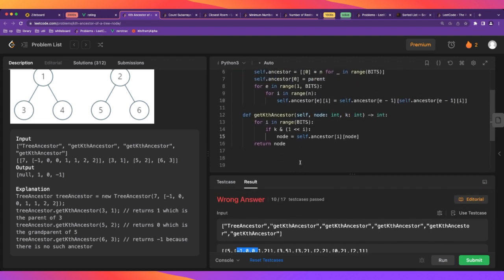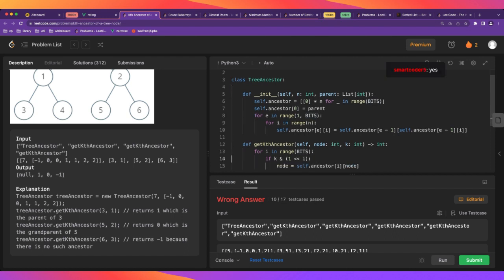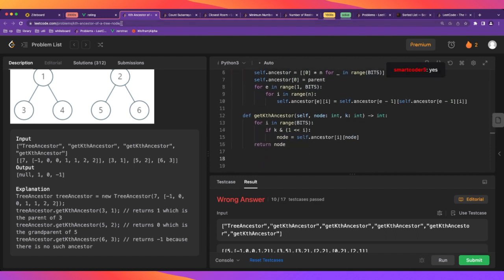Okay, let me explain it to see if I can find the bug. You want me to explain this method, right? So we said that we wanted to decompose k into powers of 2.